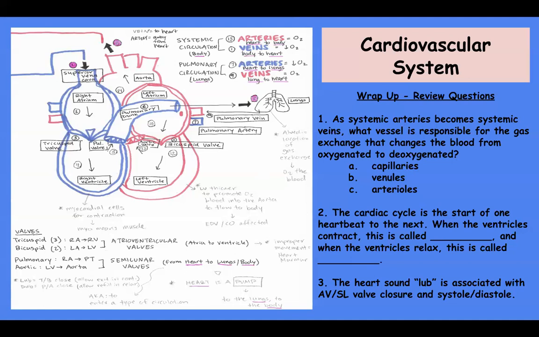And then when the ventricles relax, that has a vocabulary word as well. I'll give you a hint: the first one starts with an S and the second one starts with a D. Feel free to unmute or put your answer in the chat.